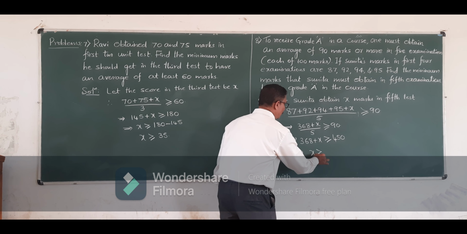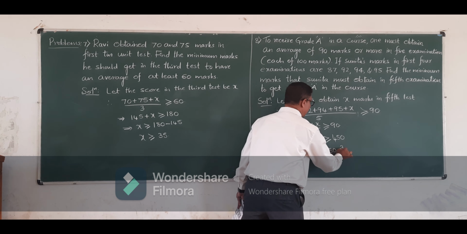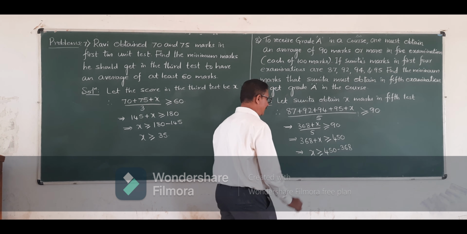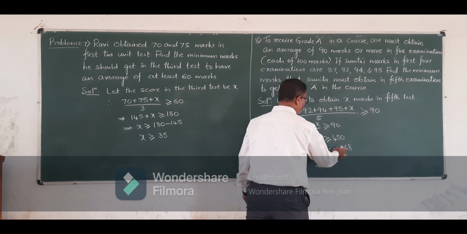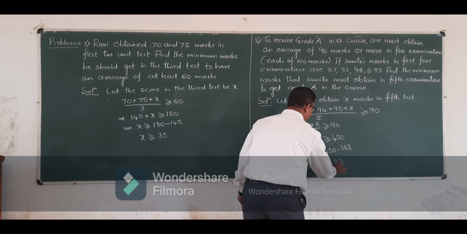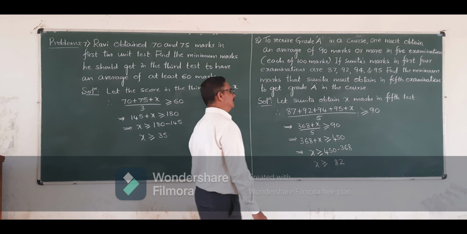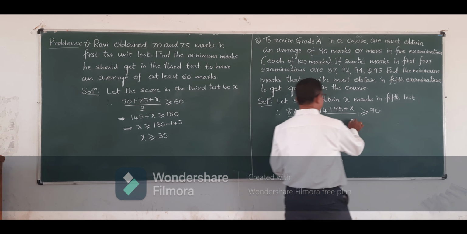Rearrange, x is more than or equal to 450, that 368 goes to the right side, minus 368, therefore x is more than or equal to 450 minus 368, that is 82. So in the 5th examination she must get 82 marks.